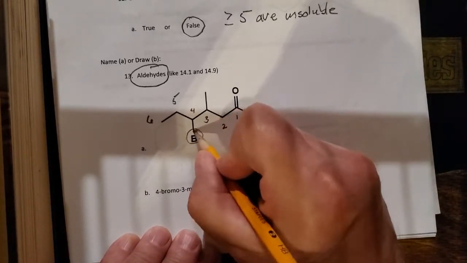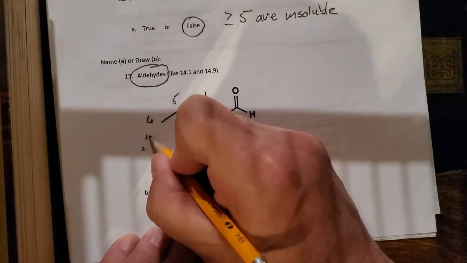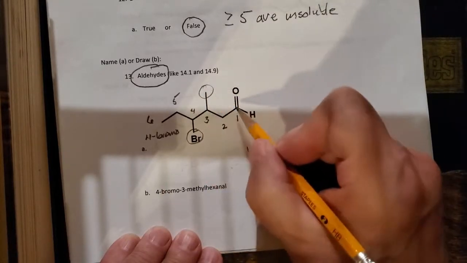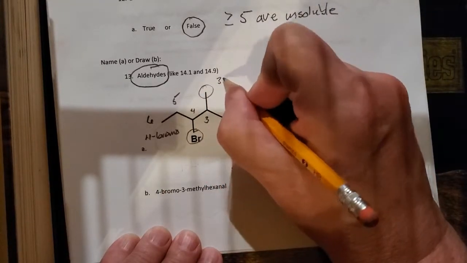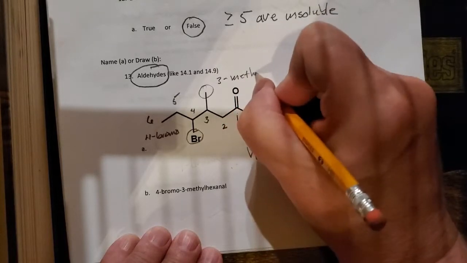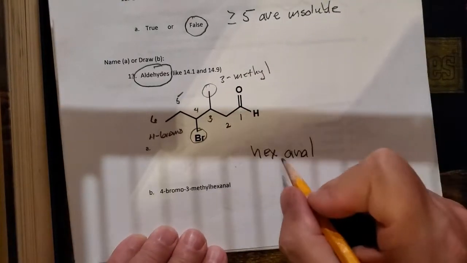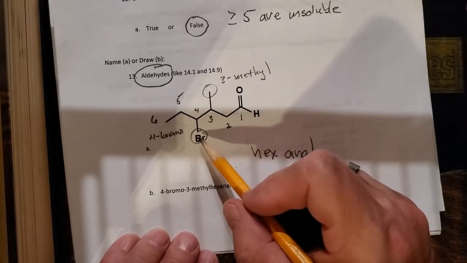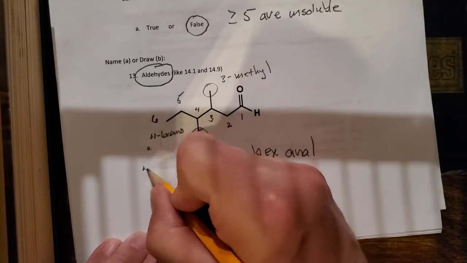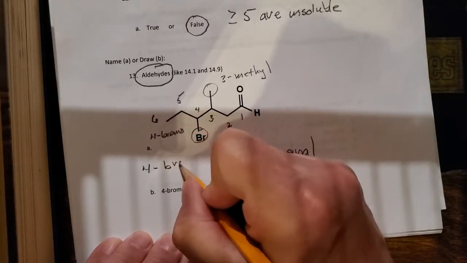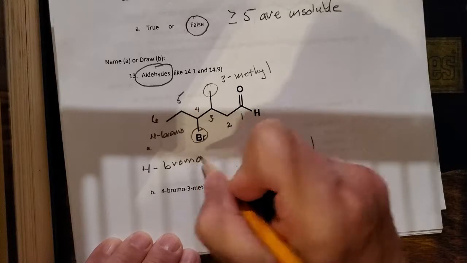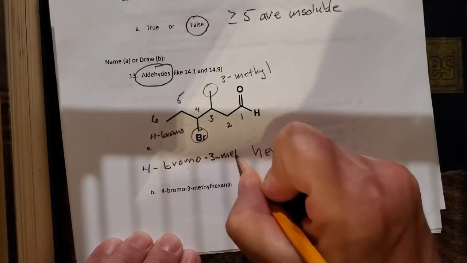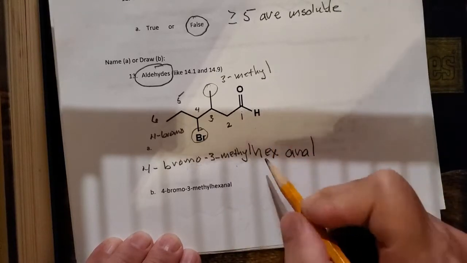This is a 1, 2, 3, 4, 4-bromo. And this is a 1, 2, 3, 3-methyl. And so this guy, you start alphabetically with B over M, so this becomes 4-bromo-3-methylhexanal.